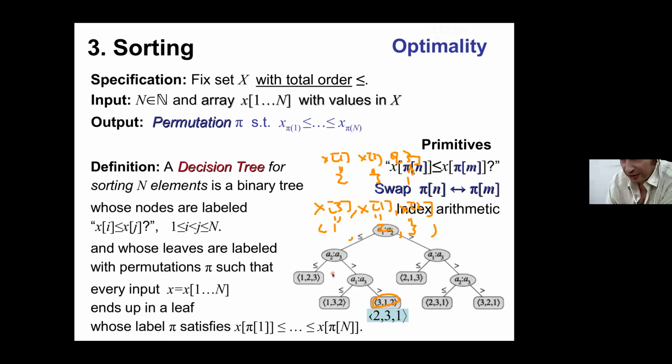So this is what a decision tree is. If the decision tree is correct, you can use this to sort a fixed number of elements.